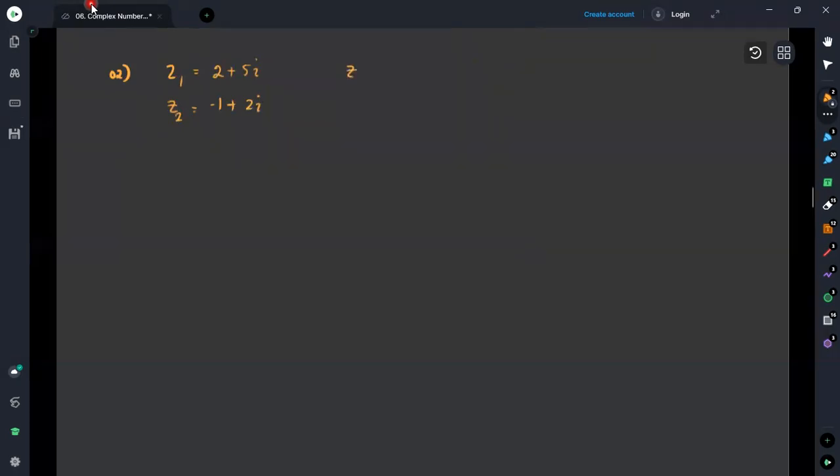Now we need to get the value for Z1 minus Z2, then we can get it as 2 plus 5i. This is the value for Z1, then minus Z2, it is minus 1 plus 2i.